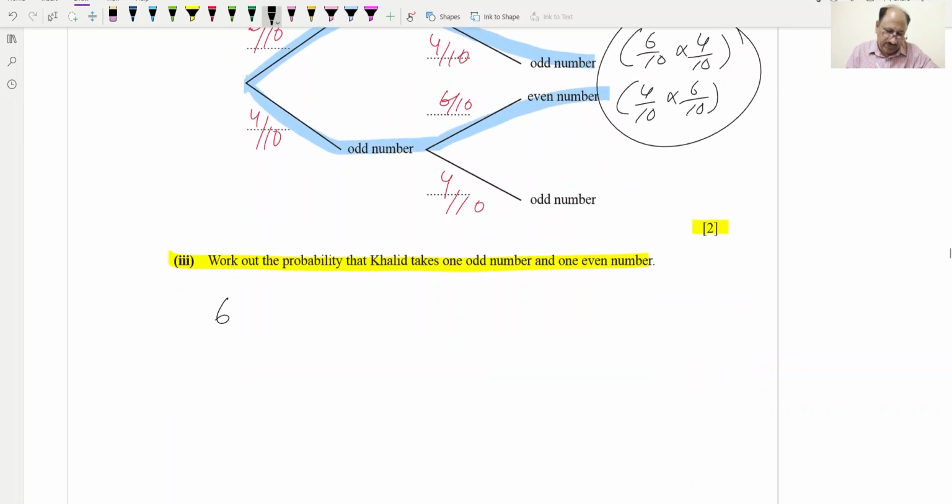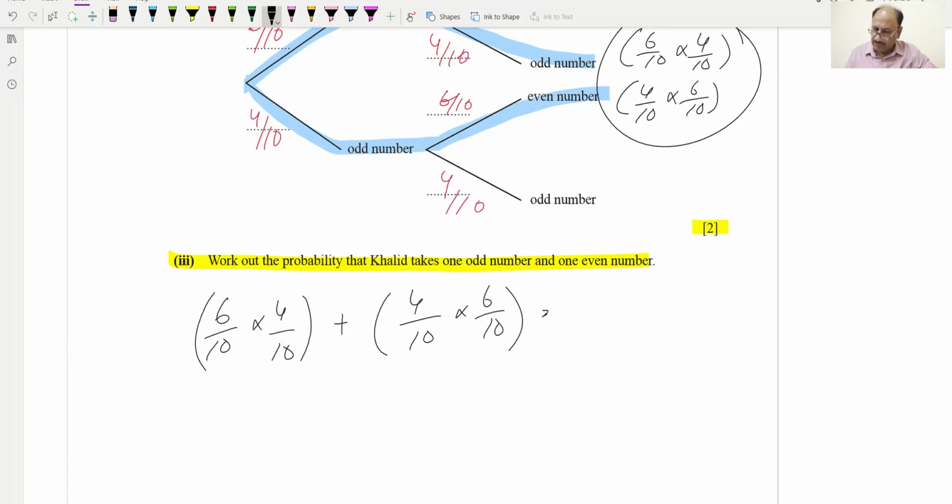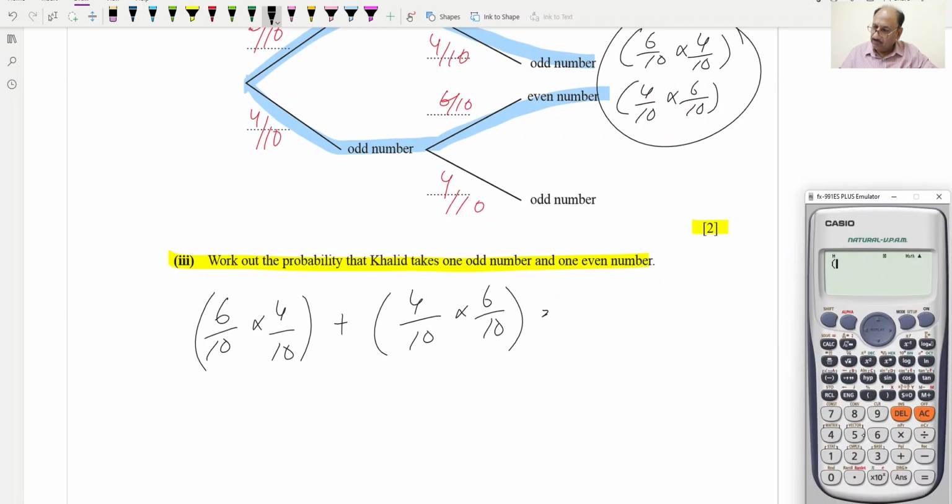We can change the sequence also, that is no issue.